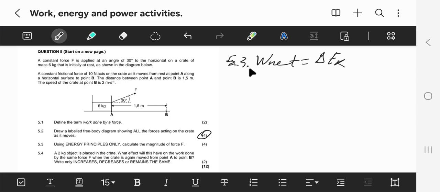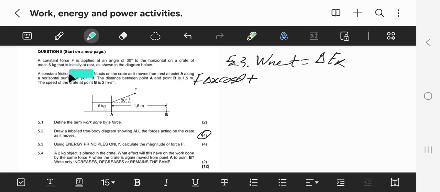What I'm going to do, guys, is find my work net, which is me substituting the forces that are doing work on the object, and then I will equate them to my change in kinetic energy. The first work being done here is by the applied force, so I'm going to write F delta X cos theta. The other work is the one being done by the force of friction.